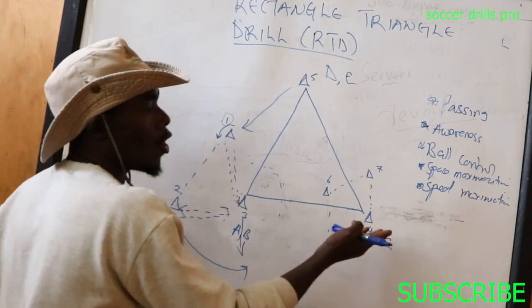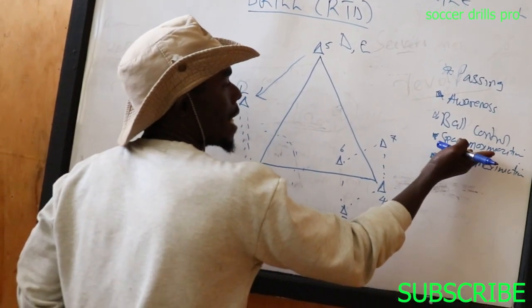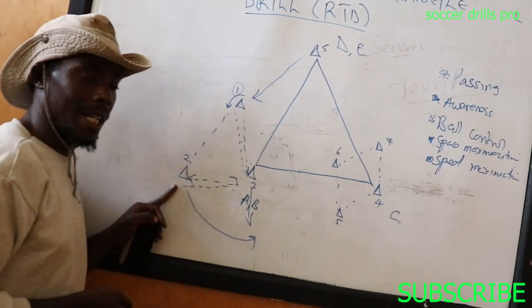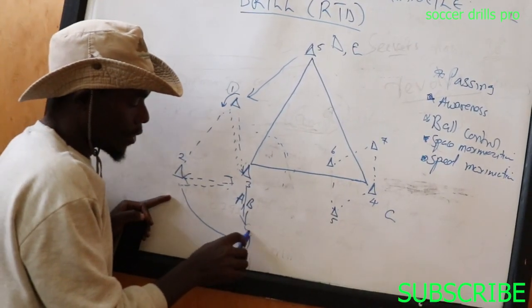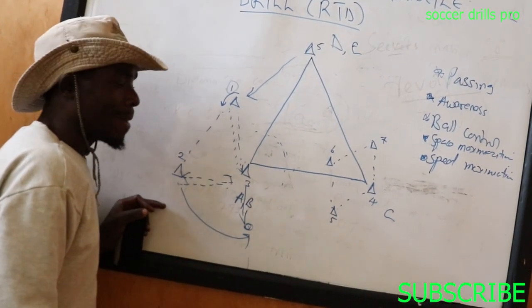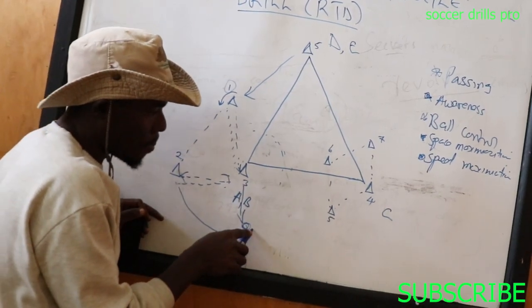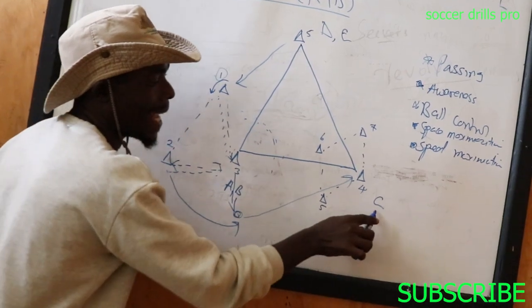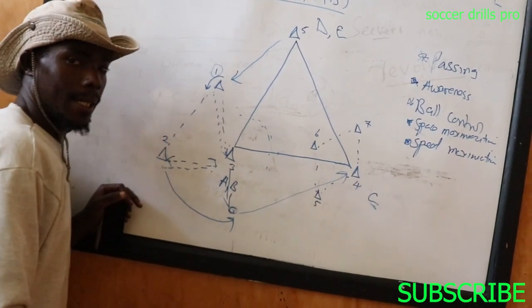Because we are trying to work on speed maximization and space maximization, which is the common sense in this drill. After receiving the ball in this place, he immediately and quickly passes the ball directly to point 4, where we have player C.